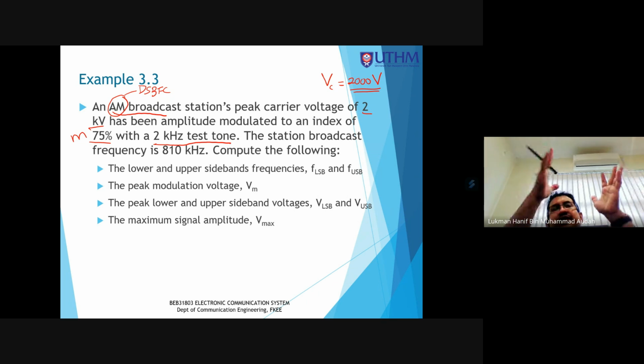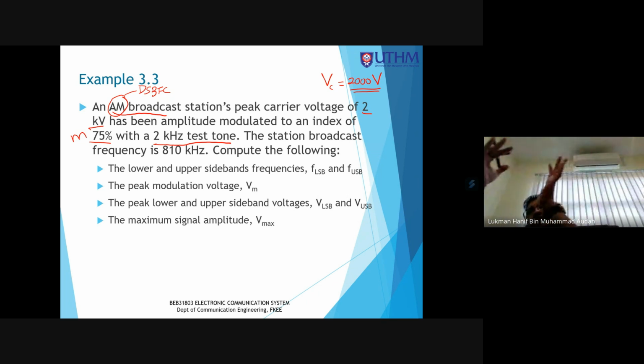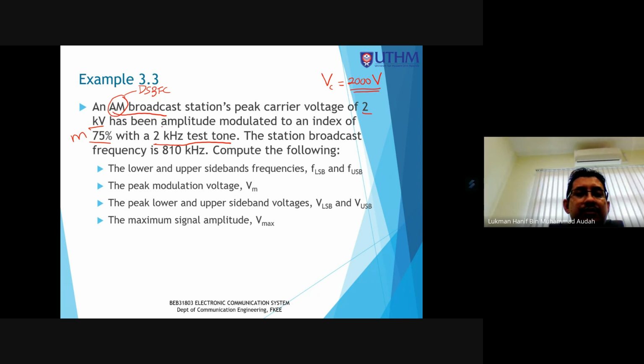Imagine you have a carrier, you modulate it with another signal, which is a test tone with a frequency of 2 kilohertz. So this is referring to the modulating signal frequency, 2 kilohertz. So FM is 2 kilohertz.